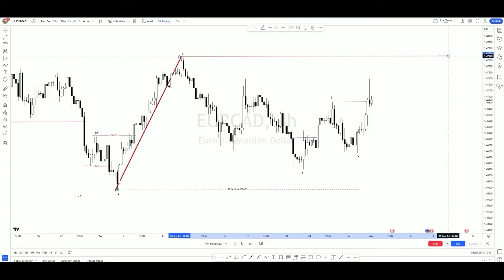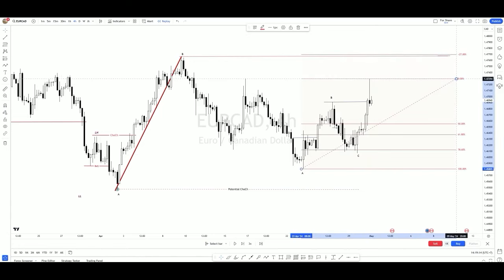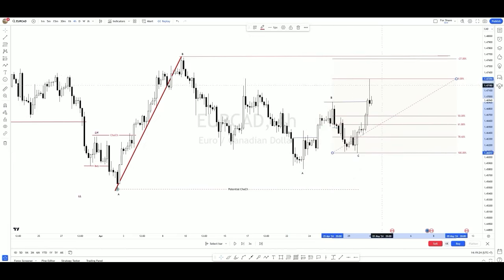And while I'm waiting for B to be broken, I have got an A, B, C pattern. Now I can use Fibonacci to mark between A and the highest point of the trend, or C and the highest point of the trend over here, looking for my discount zone below the 50%. You can place your pending buy at 50%, 61.8 or 78.6.